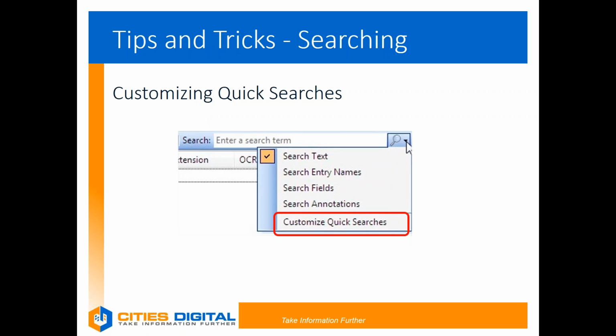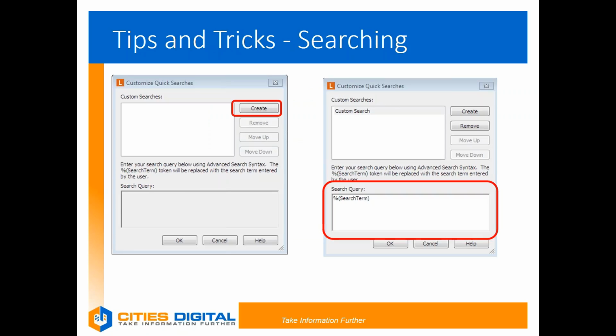If you go down to the customized quick searches, you can create your own quick search. What that will do is just add your configured search to that bar. So it's going to be search in text, search in template, and it'll be right there for you, something you configured already, which will be great and save you a ton of time.